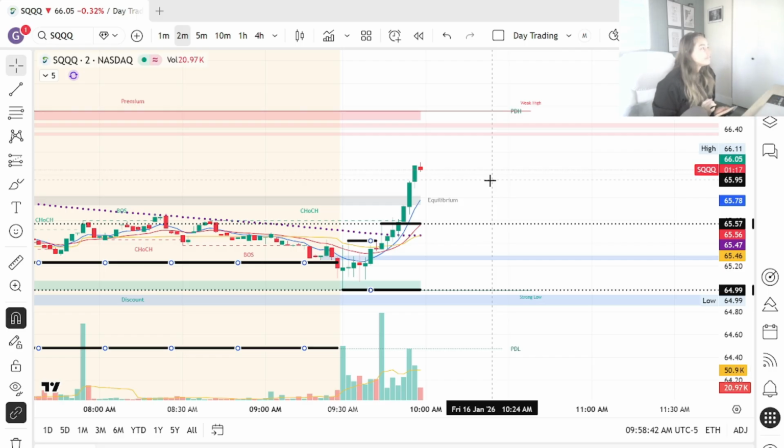Todo frito como la papita. The 30-minute looks strong with resistance at 66.56.